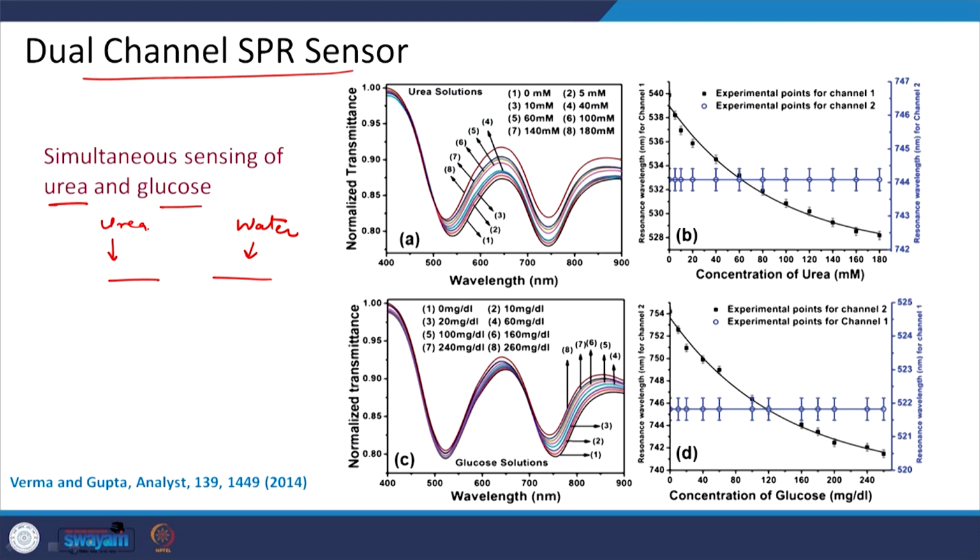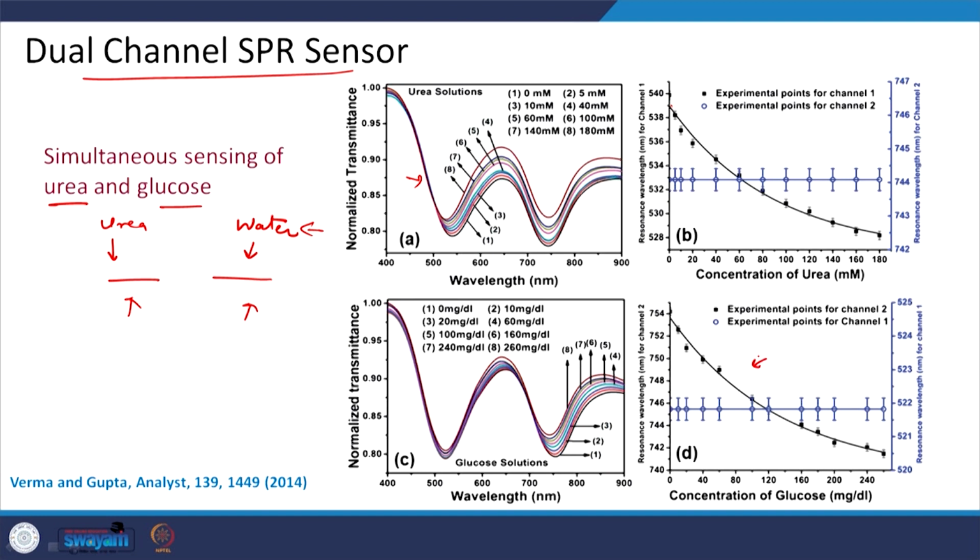What will happen? You will get this kind of curve for different concentrations of urea, and you can see that it shows a decrease or change, while in the second channel there is no shift with respect to change in concentration in the first one. If you do it the other way, suppose you put glucose solution here and here you put water, you see this kind of curve.